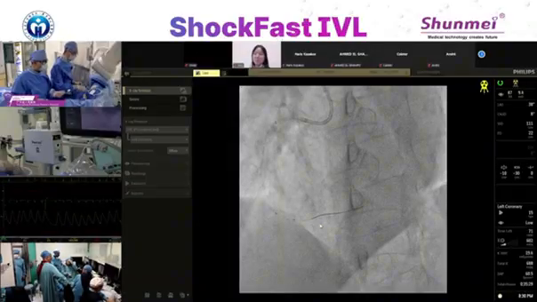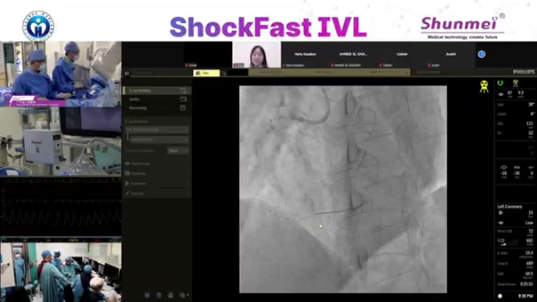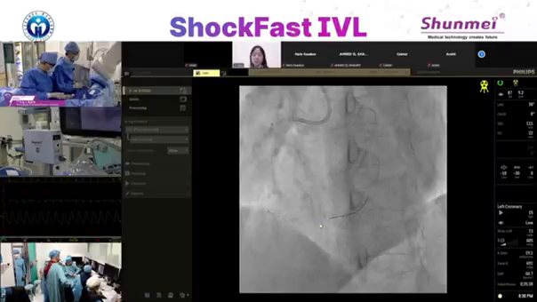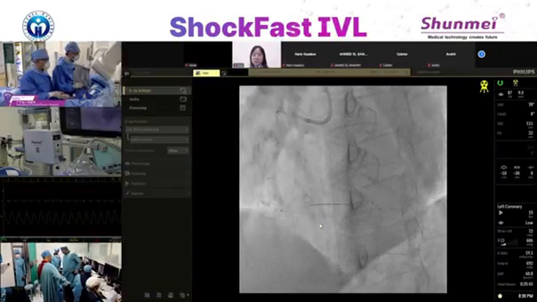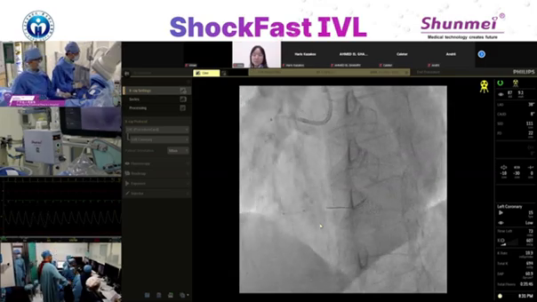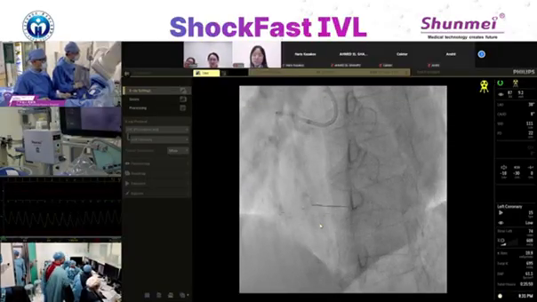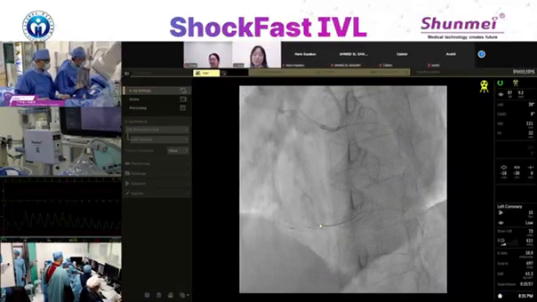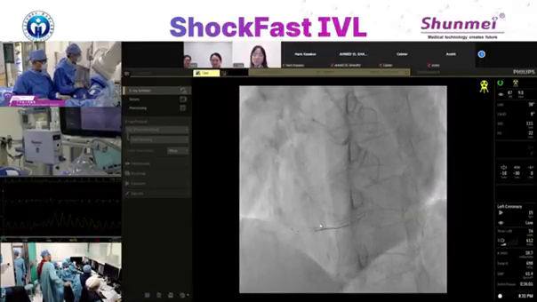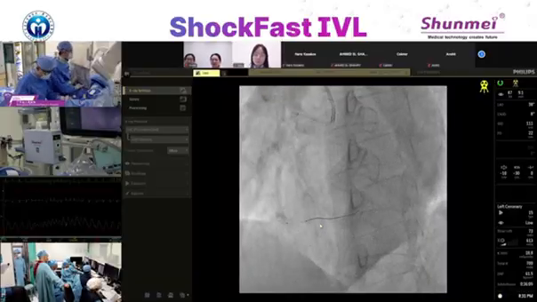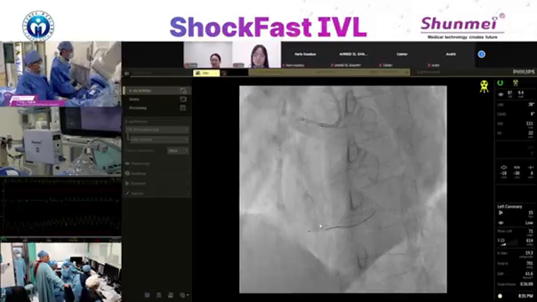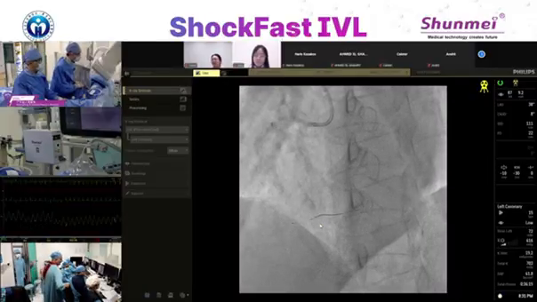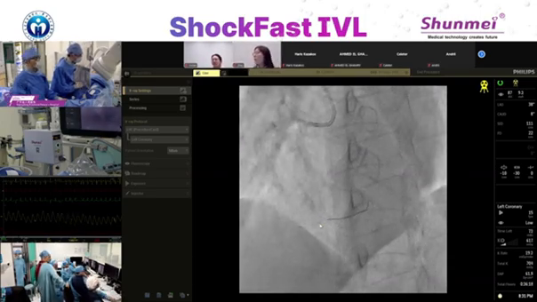Is there a shorter one? Is there a shorter high-pressure balloon? 2 atmosphere. Deflate. Can't go deeper. My guiding catheter collapsed into the LVOT. We didn't get a short high-pressure balloon.